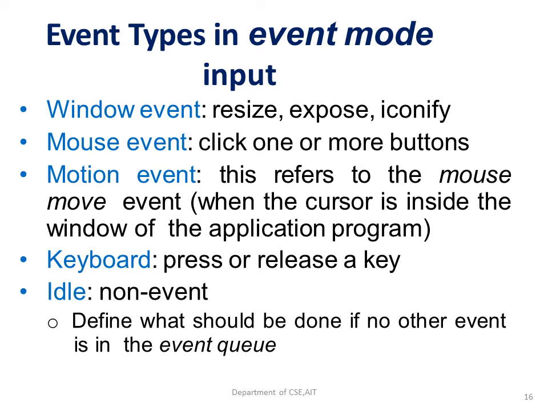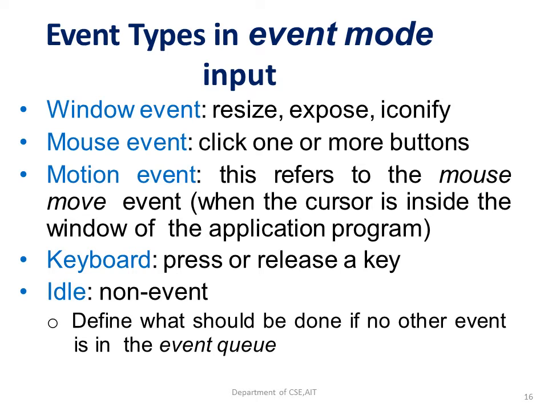The mouse event is a set of callback functions used for clicking one or more buttons. Motion event means that whenever there is a mouse movement, only then will this event work. If there is no mouse movement, it will not work. Only when there is a movement of the mouse do we run this particular callback function.